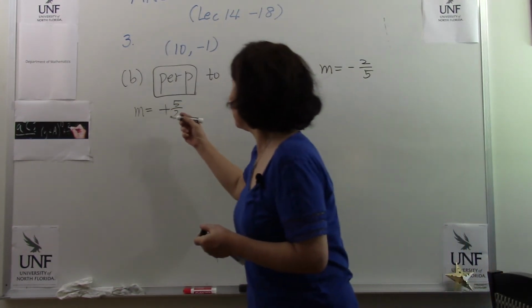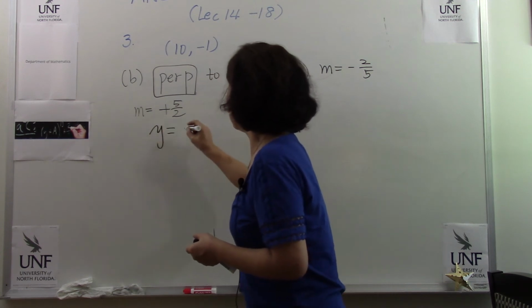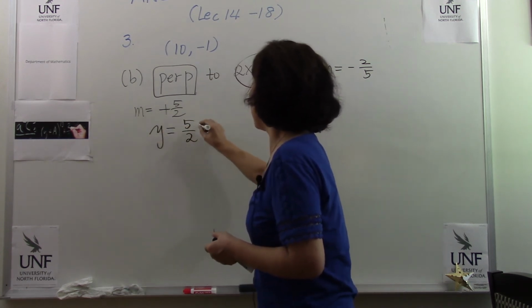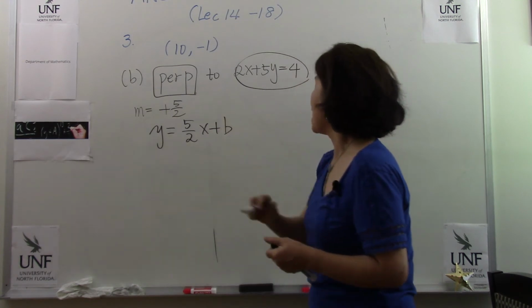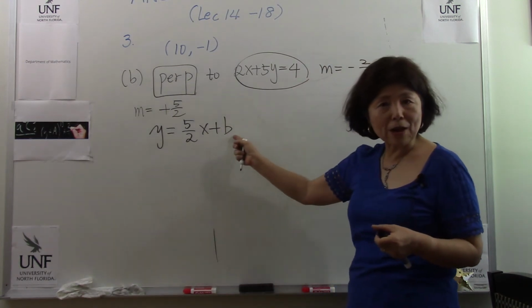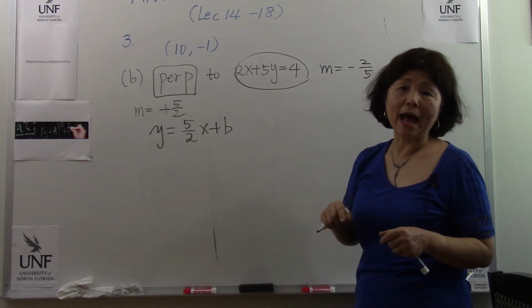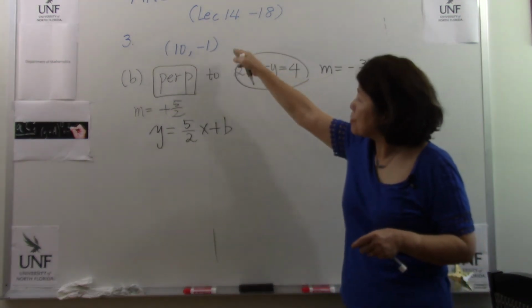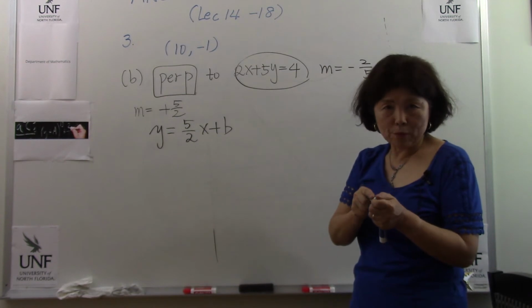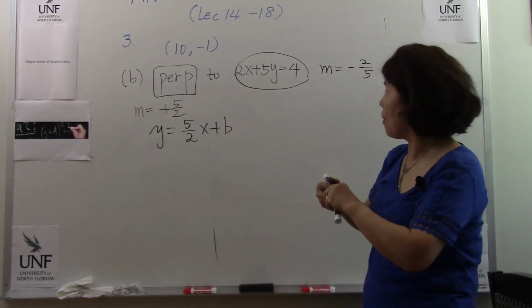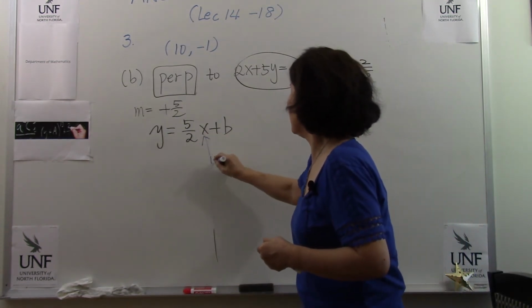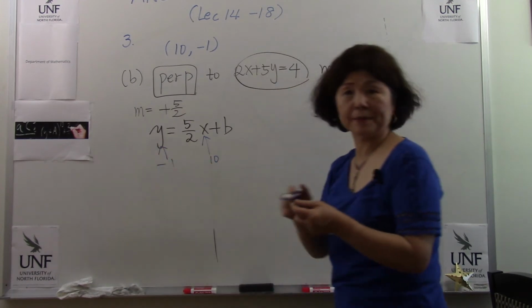Okay, so in short, we have an equation y equals 5/2 x plus b, and we must determine the value of b using this condition. Yes, the line passes through (10, negative 1). So as we did before, we are going to plug in 10 and negative 1 here.